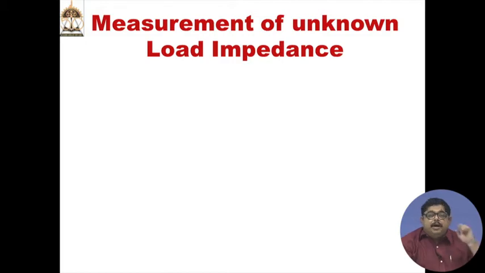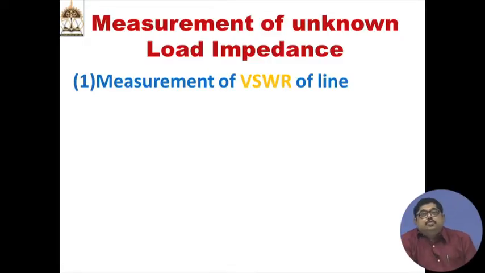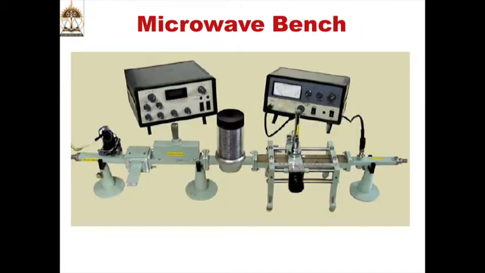Now, measurement of unknown load impedance. Let us come to our basic point, measurement of unknown load impedance. So, the two things you need to know: measurement of VSWR of the line. That means in that waveguide, if we go back to our actual diagrams, you see that at the end there is a termination we give, that is the load.